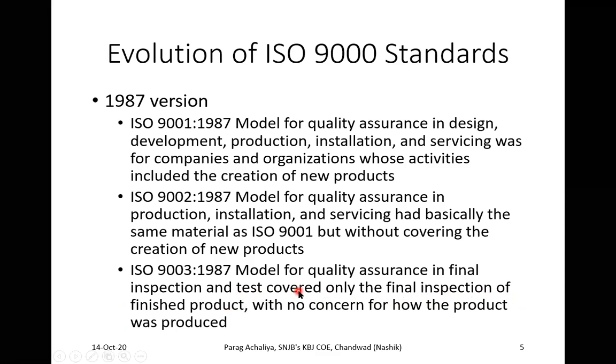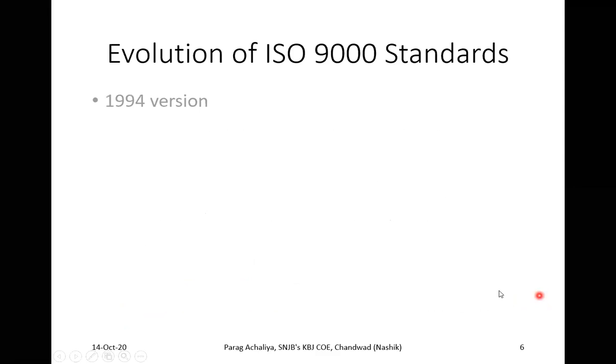That means the testing was covered in the 9003 1987 model. Then the next one was the 1994 version. Previously it was 1987. Then they came up with the 1994 version.